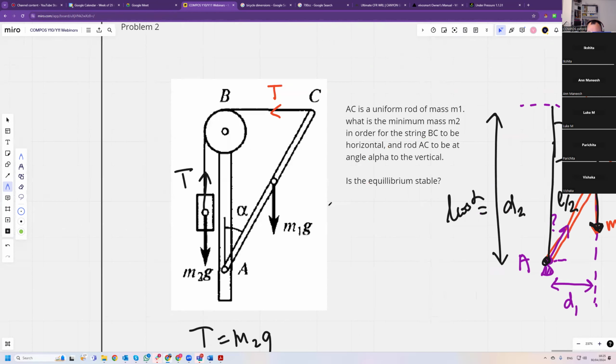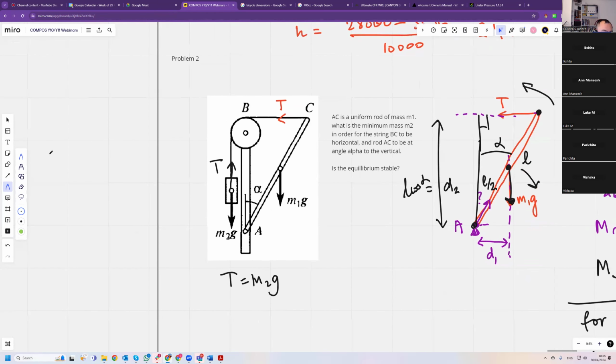Basically, when they ask if the equilibrium is stable, the question is what would happen if this rod were shifted, let's say like this? Would it return to the original position, or would it keep going?